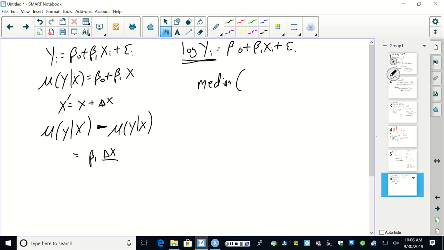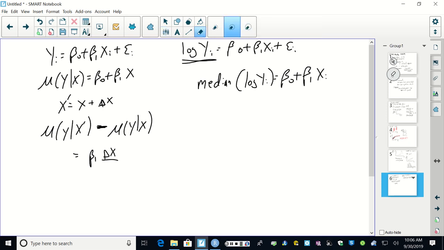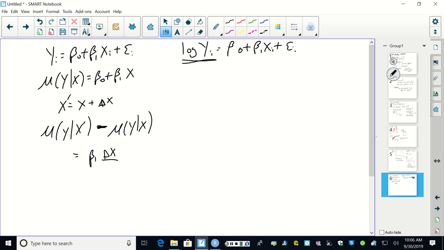So the median on the log scale is beta 0 plus beta 1 x_i. Let me try that one more time.